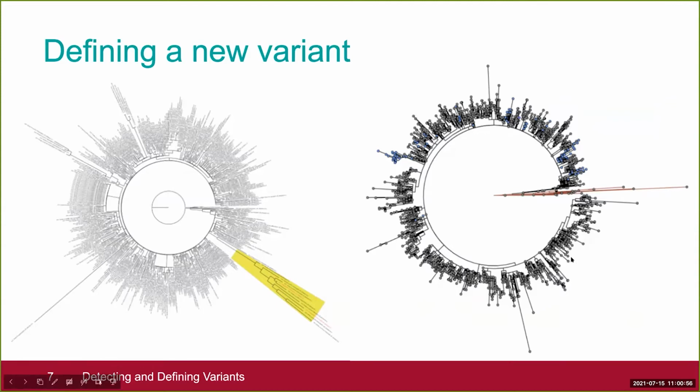There are two things that you need to do initially to decide what is included in your variant. In the tree on the left, the piece in yellow is the specific variant that we want to define in this case, and the rest of the tree is the wider parent lineage.